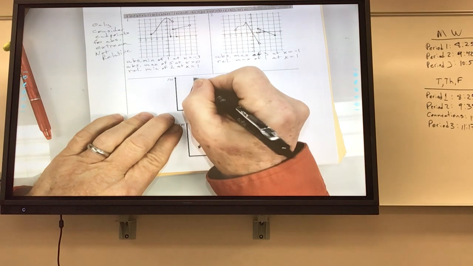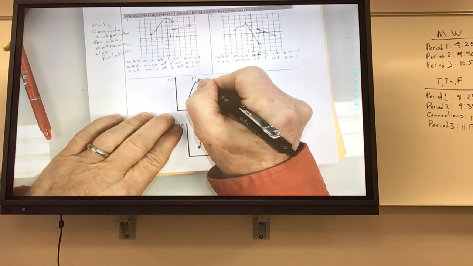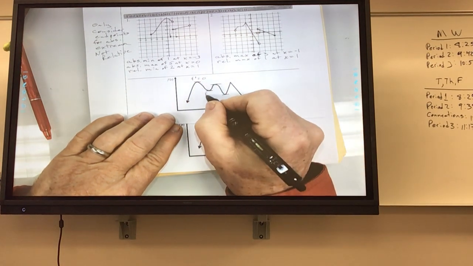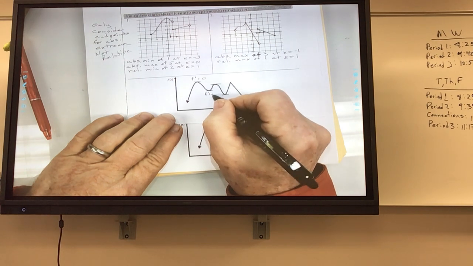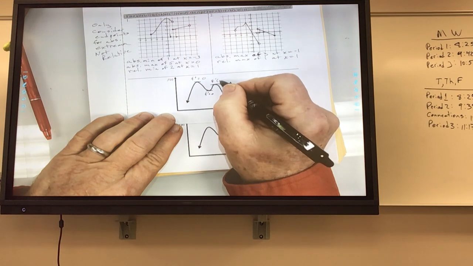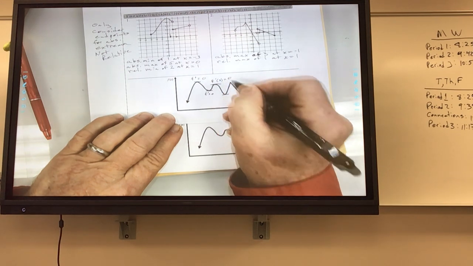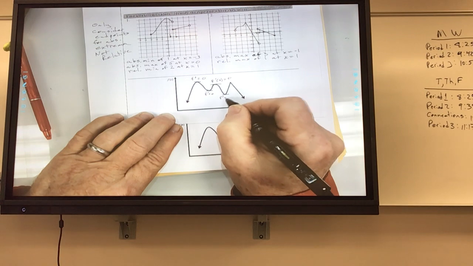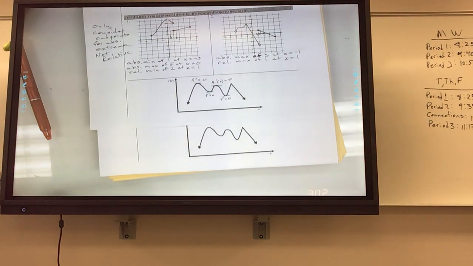And that must mean that the first derivative is equal to 0. When you get horizontal tangent lines, their slopes are 0. The slope of tangent lines are called the derivative. It means the first derivative is equal to 0. Everybody okay on that? That's a big idea.